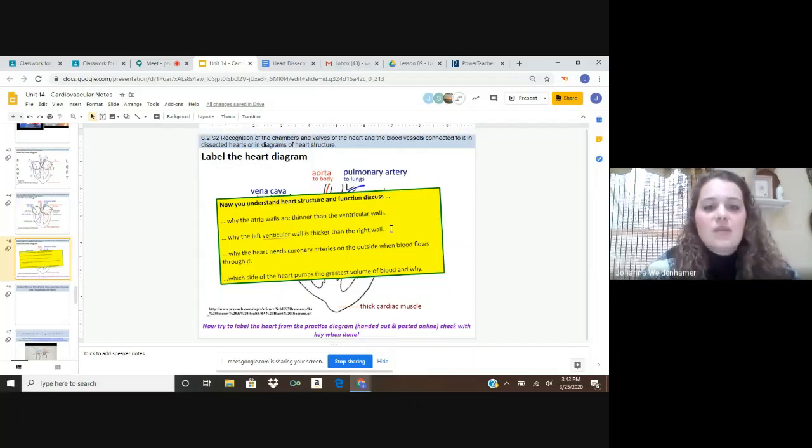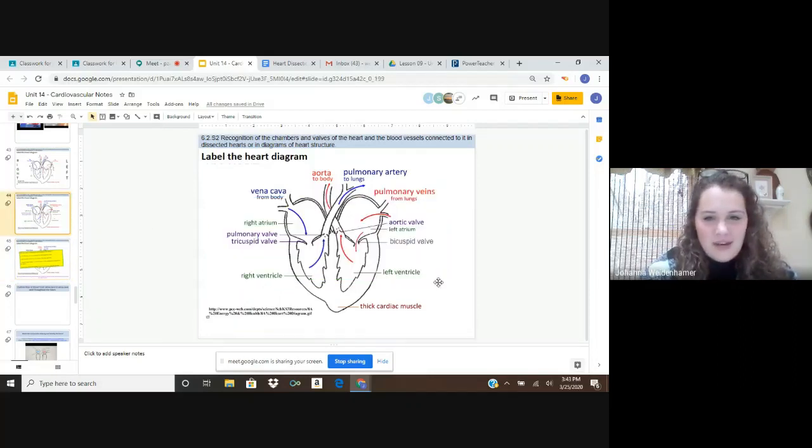Let's take a look at the second one. Why is the left ventricular wall thicker than the right wall? What do you think? Take a second to think about the difference between the thickness of the walls around the left ventricle compared to the right ventricle. Where is the blood moving? Take a second. So the left ventricle, remember, now has oxygenated blood.